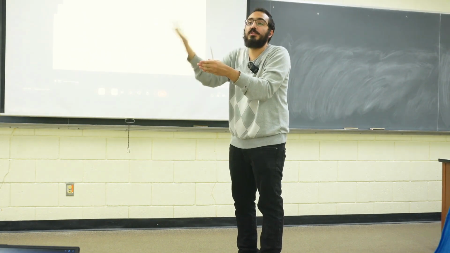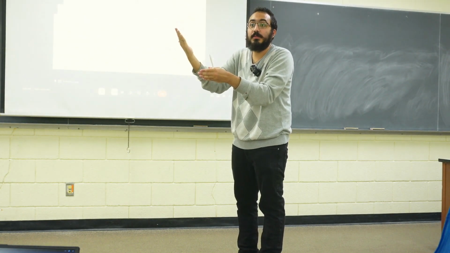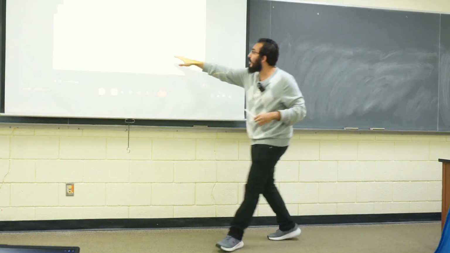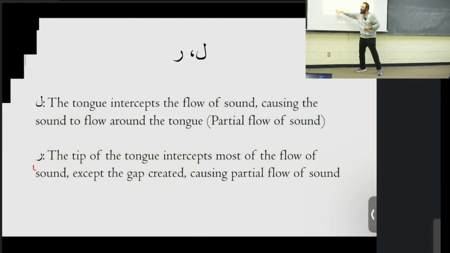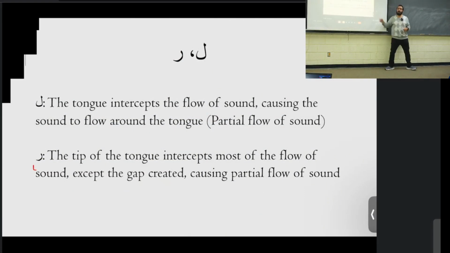Because if the makhraj gets closed, first of all, the sound has to get completely congested into the small gap. Second of all, if you close the makhraj, then you have takreer because of the closing of the sound. Okay? So the tip of the tongue intercepts most of the flow of sound, except for the gap created, creating a partial flow of sound. Okay?